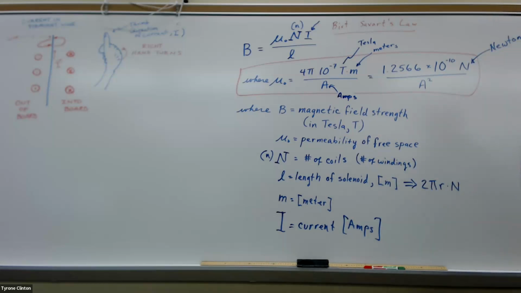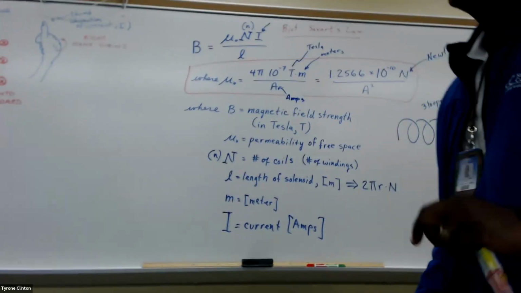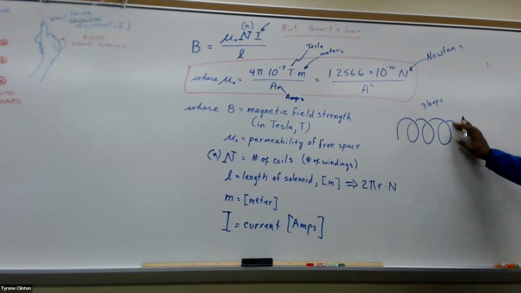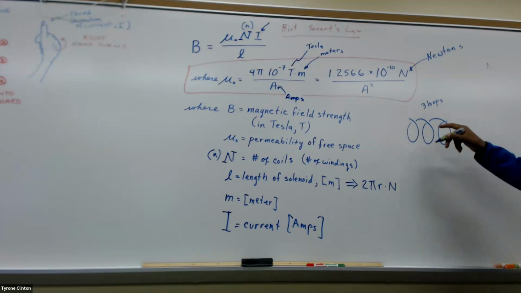So what you have to figure out, if you're creating these loops that look something like this, let's just say I have 3 loops. I need to figure out how far this current is flowing.